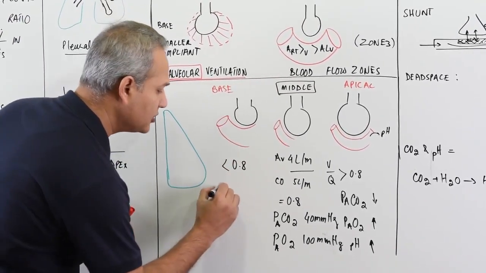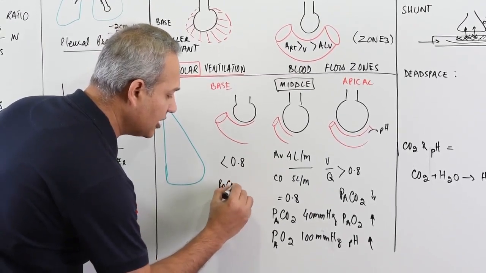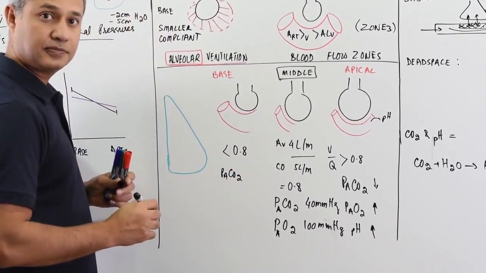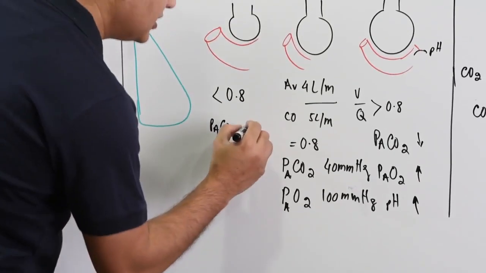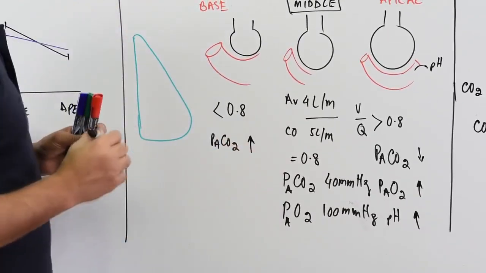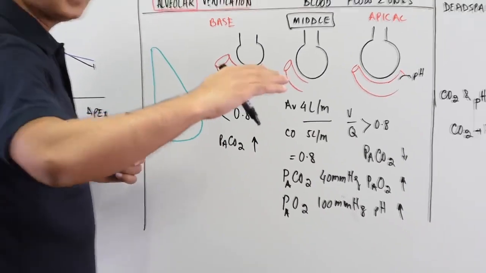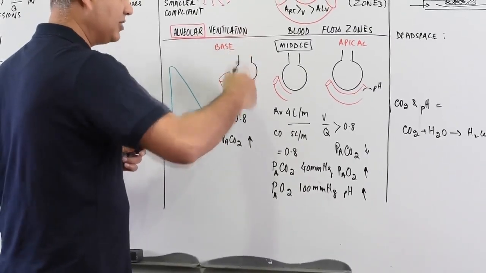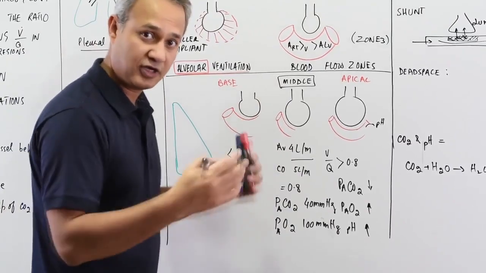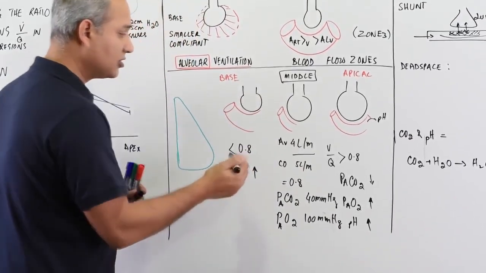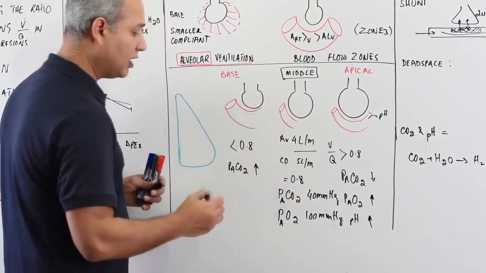Now what do you think would happen to the alveolar carbon dioxide in this case? So here we have the shunting going on. There is not enough flow happening, there is not enough gaseous exchange happening because the alveolar surfaces or alveoli are not sufficiently available. So the carbon dioxide that would come in would go out.